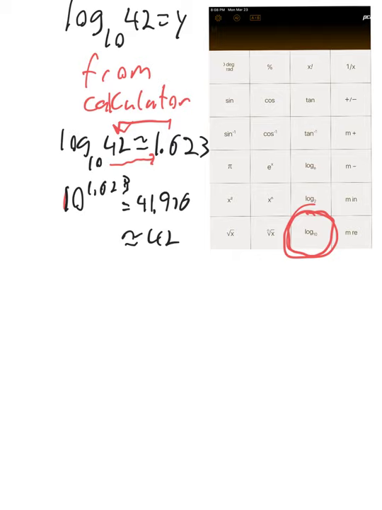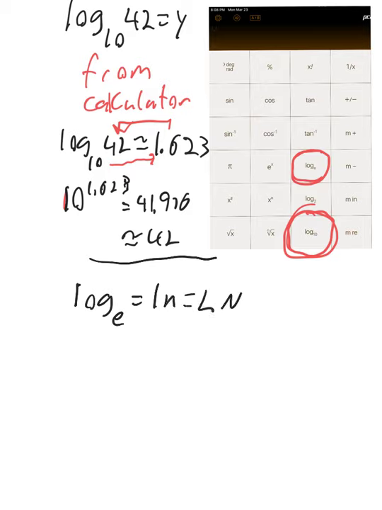Now, most calculators will also have a log base E button. Okay, and if you don't see a log base E, you might see one that's just LN, and it might be capital LN depending on the calculator. Okay, all those mean the same thing.